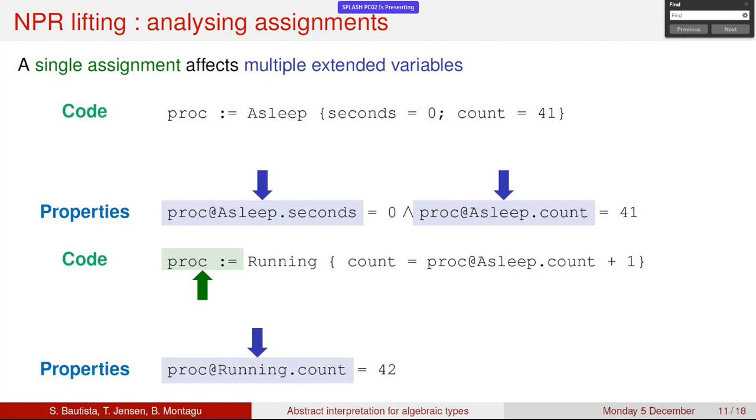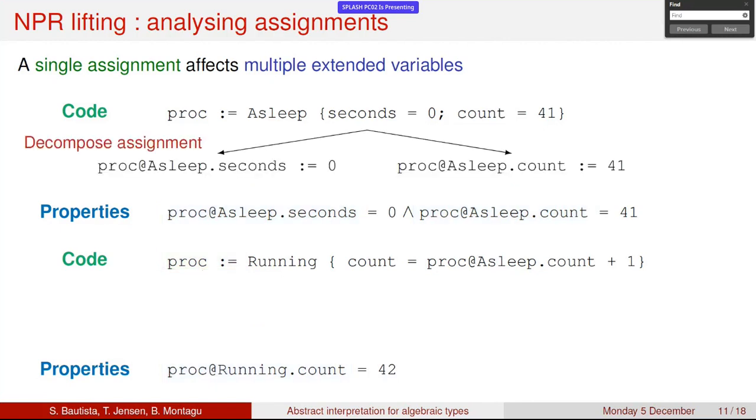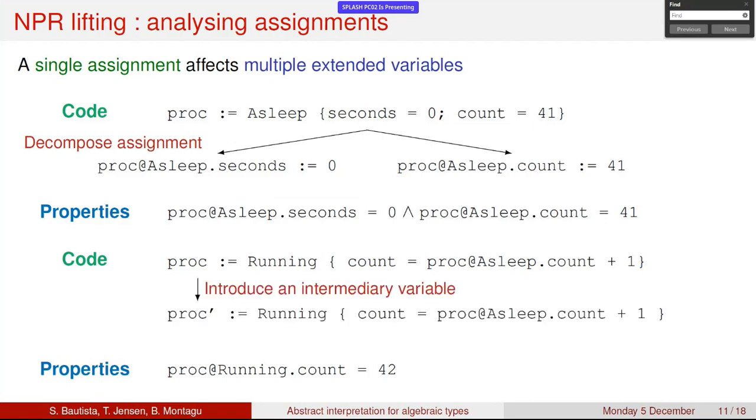So when analyzing an assignment, we decompose it into smaller assignments for which the right hand must be either a numeric expression or an extended variable. And so that explains in particular why we end up with multiple extended variables. But we also use intermediary variables when analyzing assignments.